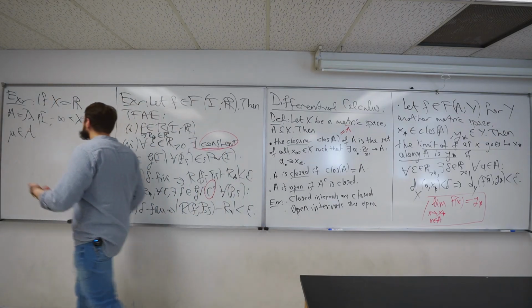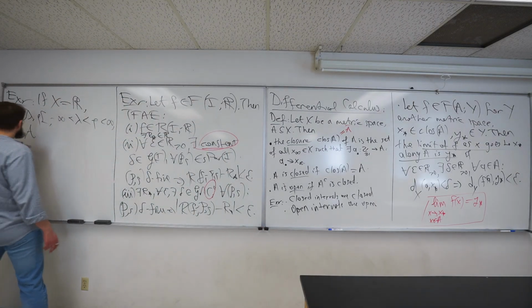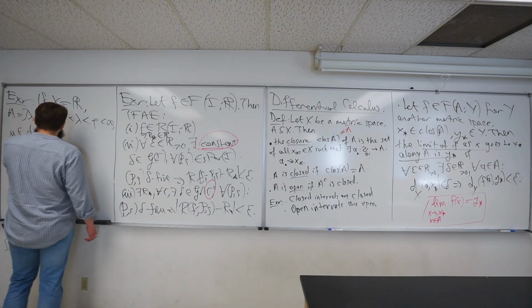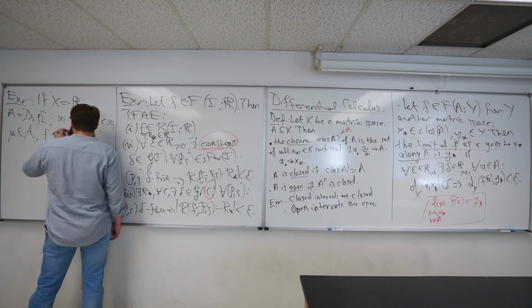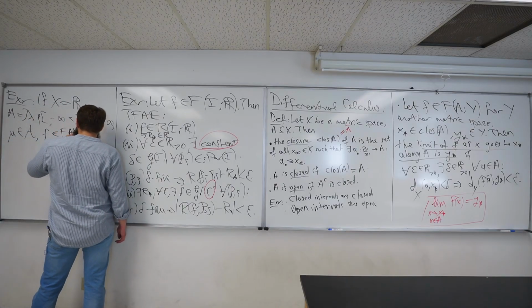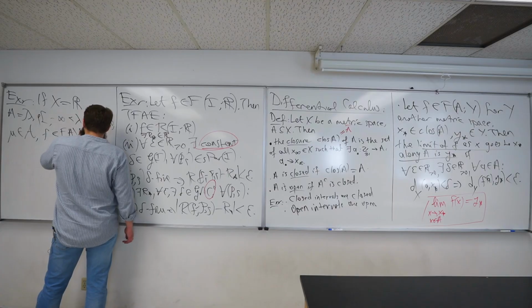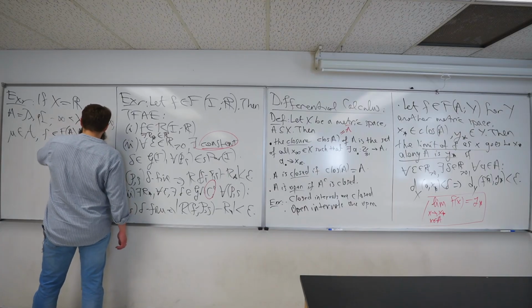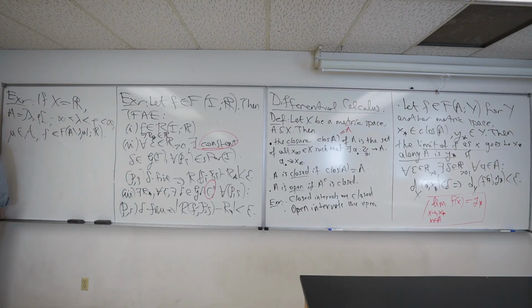Maybe there's an asymptote or something. Okay, maybe it's not defined there. A take away mu. So f possibly is not defined at mu. Maybe there's an asymptote. Okay.